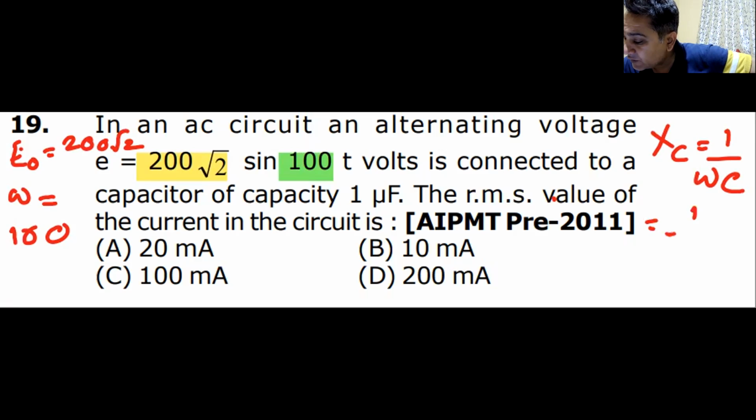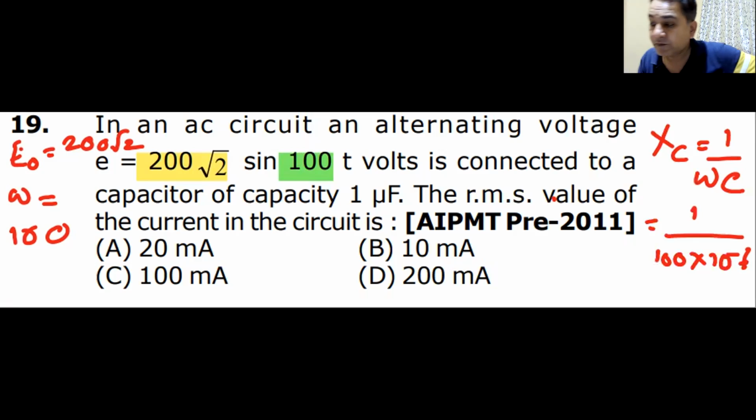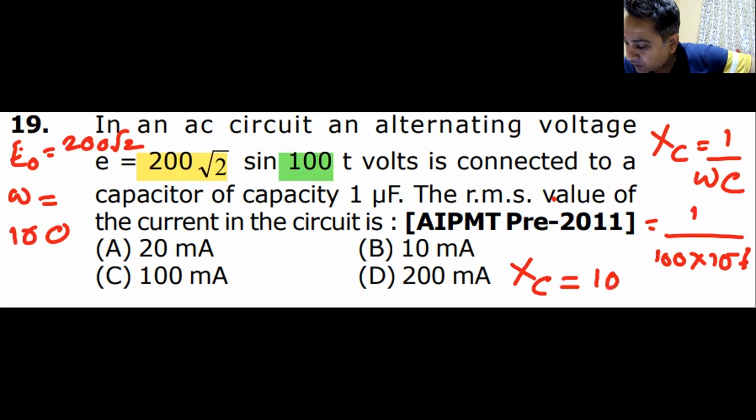So it will be 1 divided by omega, which is 100, into 1 microfarad, which is 10 raised to the power minus 6. 100 into 10 raised to the power minus 6 is 10 raised to the power minus 4, which goes up, so my XC becomes 10 raised to the power 4.